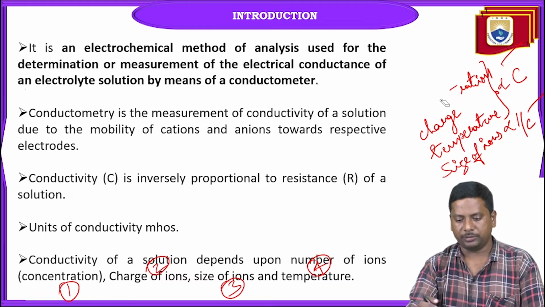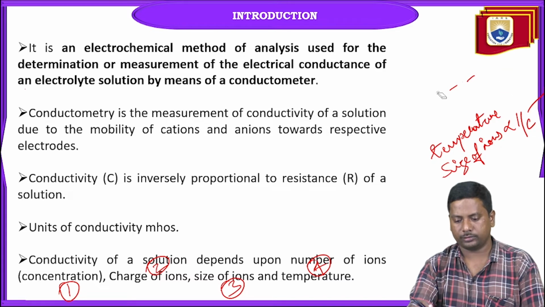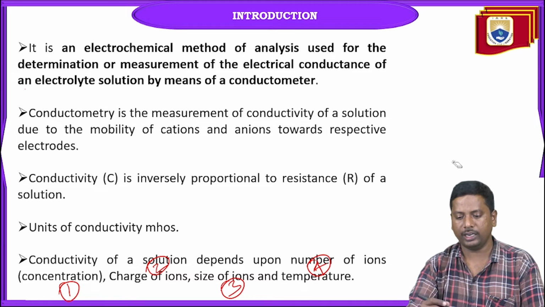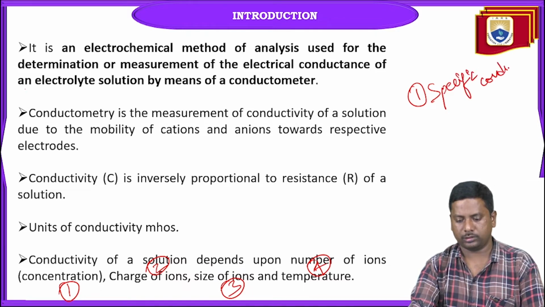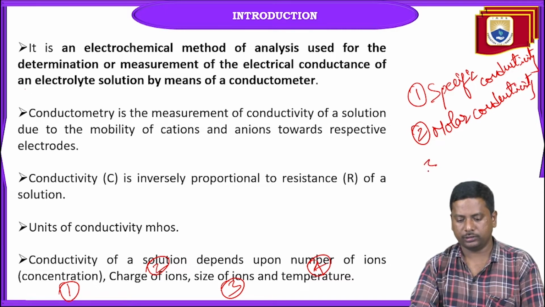Now we see the types of conductivity. There are mainly three types of conductivity. One is the specific conductivity, and the second one is the molar conductivity, and third one is equivalent conductivity.